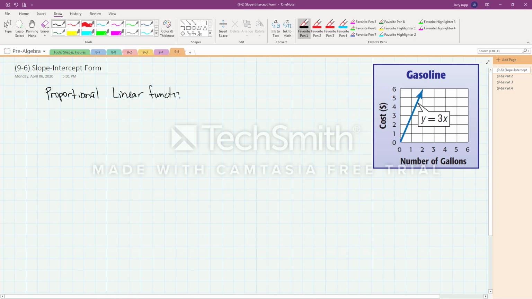A proportional linear function could be written, the equation for it could be written thusly: y is equal to kx, where k was called the constant of variation, or the constant of personality. No, proportionality.